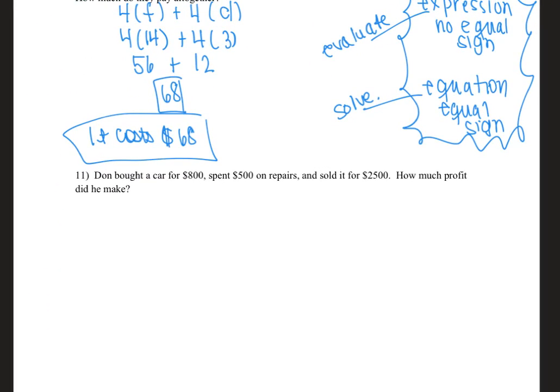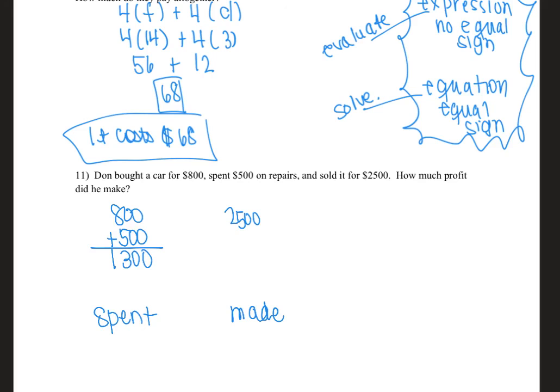Don bought a car for $800, spent $500 on repairs, and sold it for $2,500. How much profit did he make? So, he bought for $800 and paid $500 on repairs. So that's going to cost him $1,300. So this is what he spent. He made $2,500.